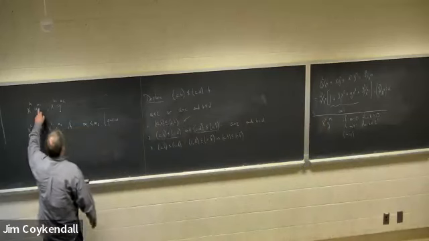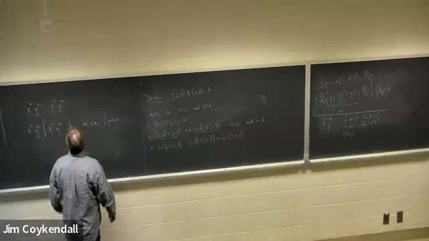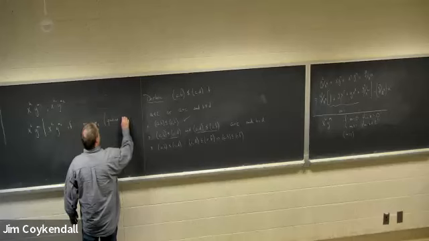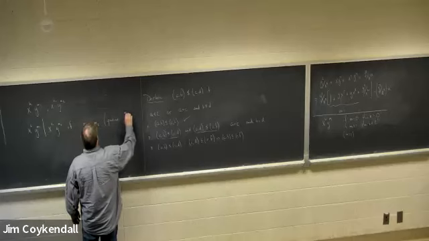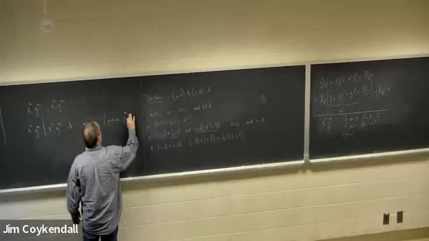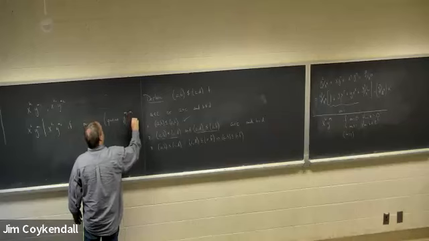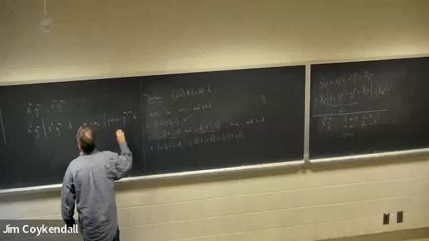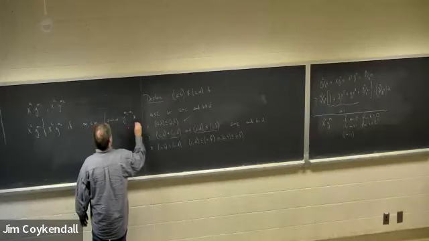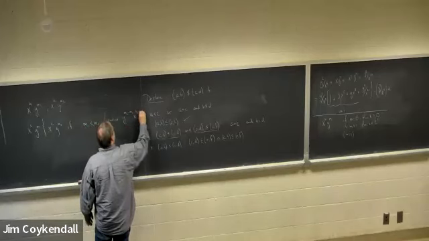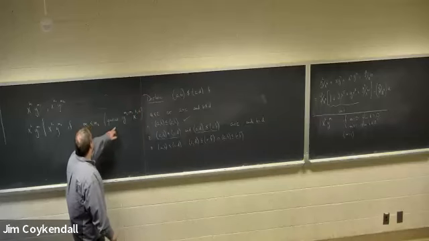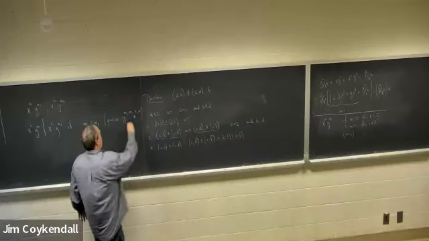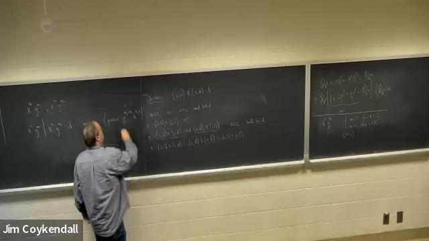If m1 is strictly less than m2, then the quotient is y to the m2 minus m1, x to the k2 minus k1. In this case, this is positive.